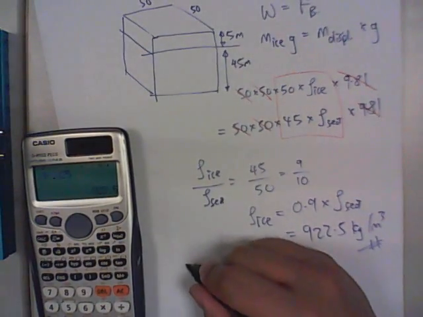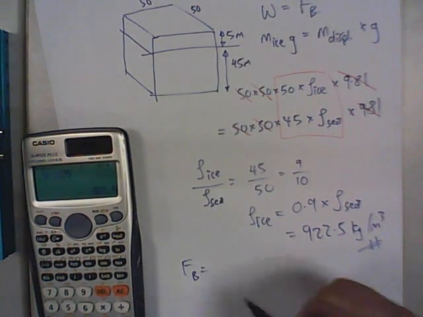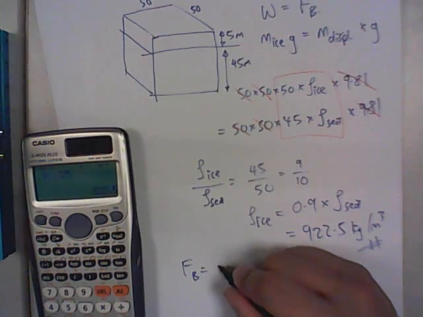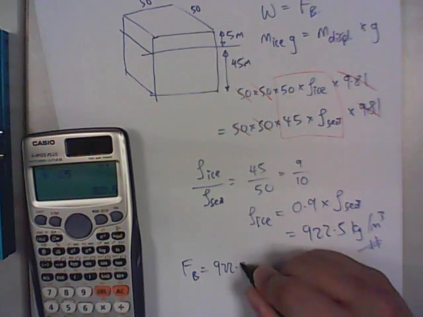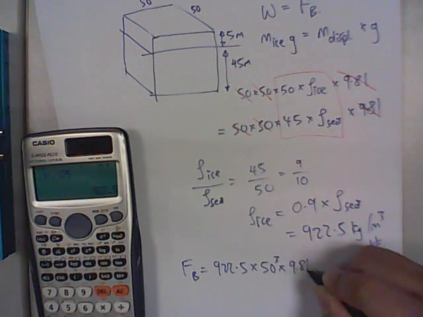Okay, so my buoyancy force is just 922.5 times 50 cube times 9.81.